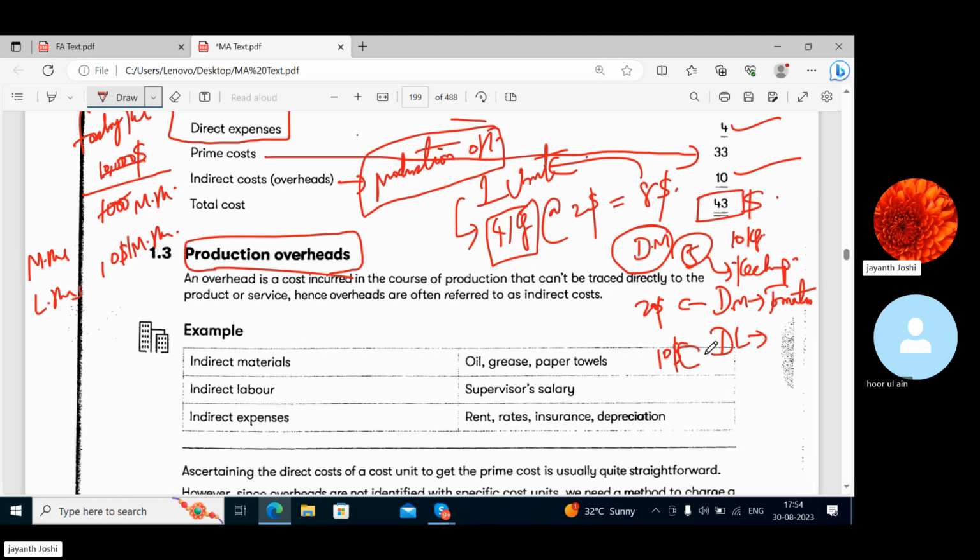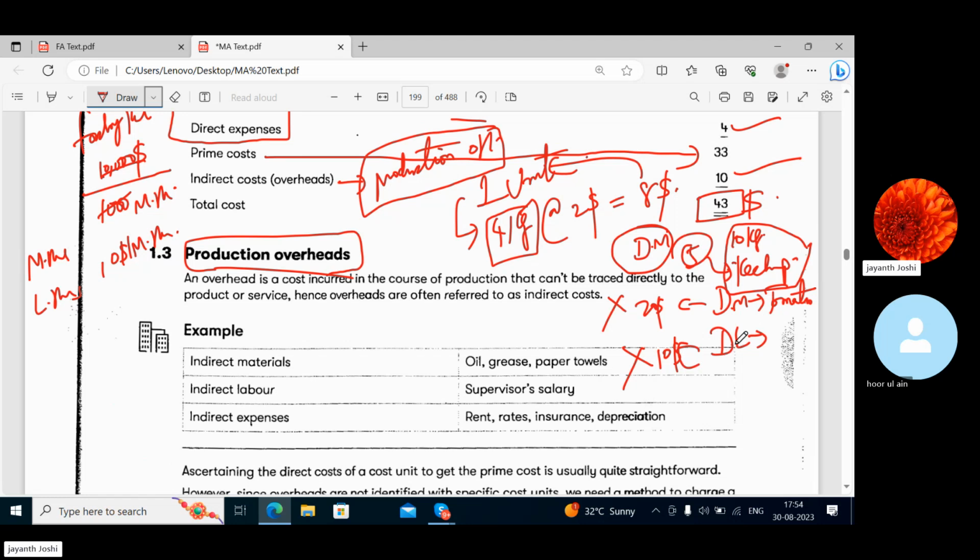Why are these directly traceable costs? Because if I had not made this ketchup, I would have never bought this raw material of tomato, and I would have never hired these labors, because I hired the labors for the purpose of making that ketchup. If I wouldn't have made that ketchup, I would have never hired these labors, right?